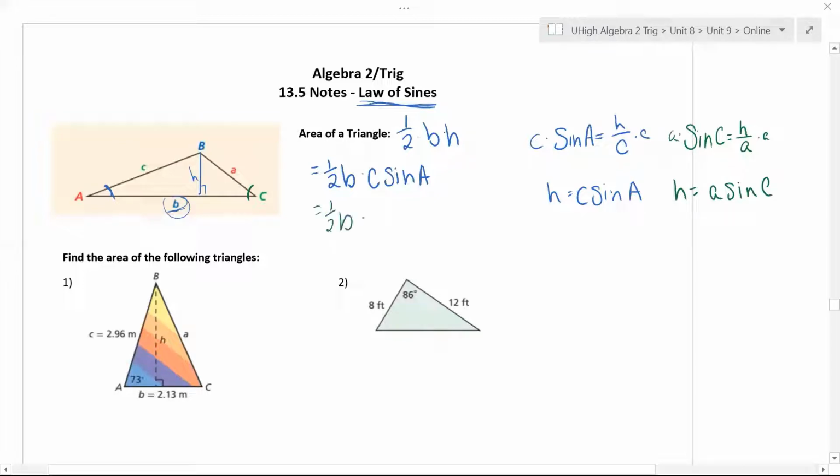So I would have 1/2 B times A times the sine of C.